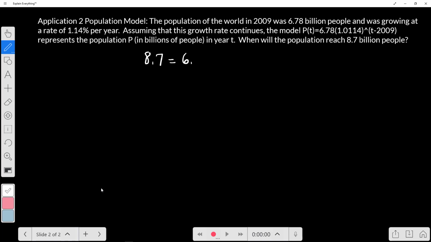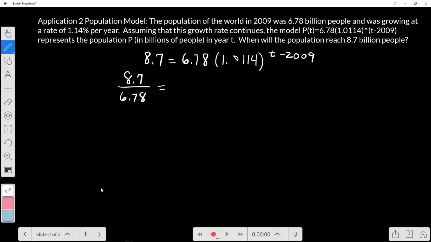So we have 8.7 equals 6.78 times 1.0114 to the t minus 2009. Alright, so I'm going to divide off the 6.78 first.